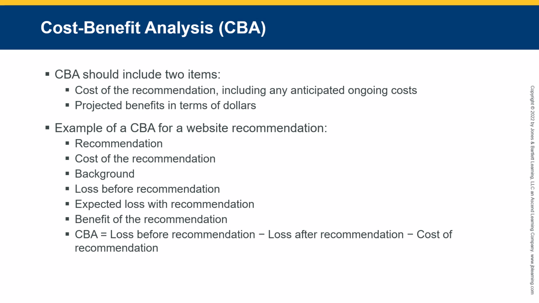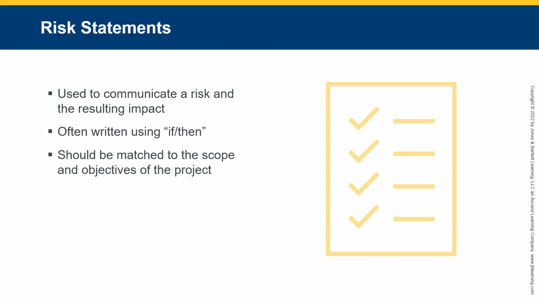The recommendation, cost of the recommendation, the background, the loss, expected loss with the recommendation, expected loss without the recommendation, the benefit of the recommendation, the cost-benefit analysis, and that allows us to identify the selected risks and costs associated with this. We will develop a risk statement.